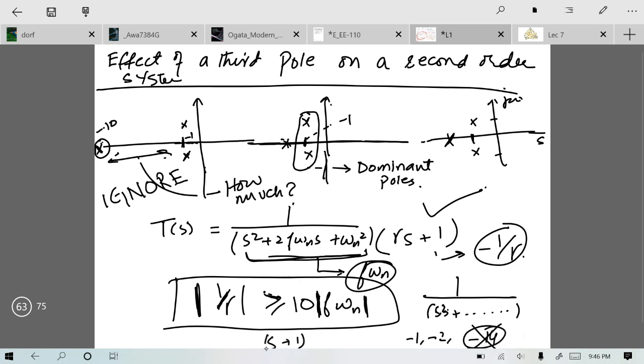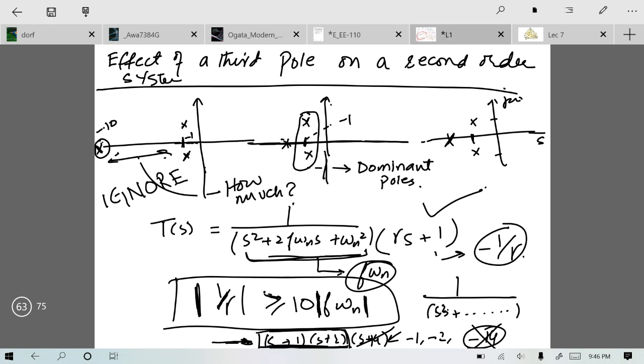S plus 1, S plus 2, S plus 14 are the three roots. Cancel this, ignore this, and evaluate the zeta and omega n for S plus 1 into S plus 2 only, which will be a second order equation.